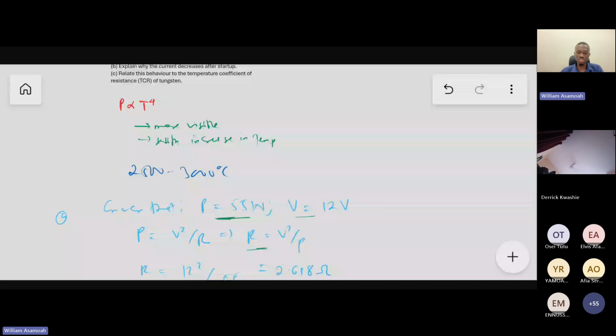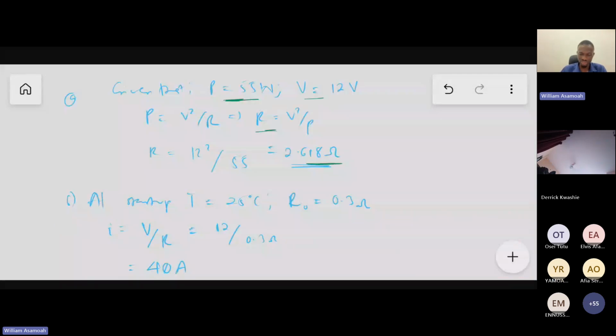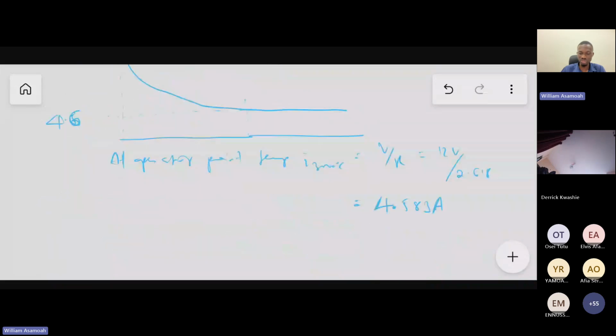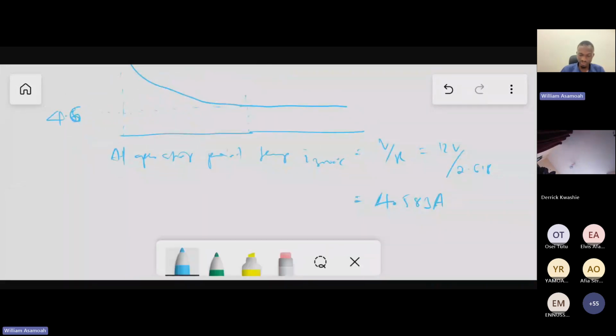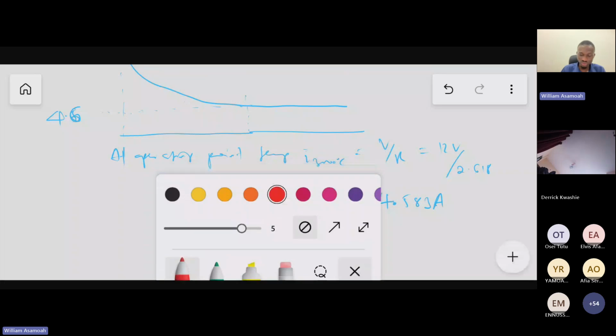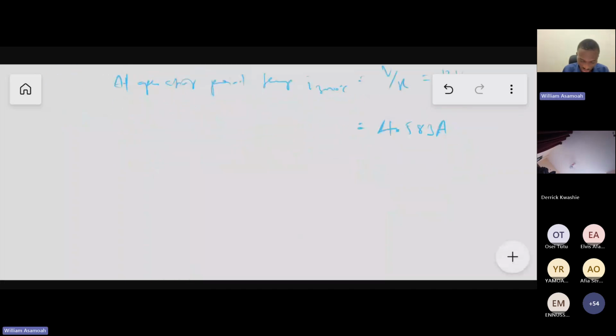Now that condition we've observed, where devices draw very large current at start, then settle down, is called inrush current, or surge current. It happens because of the nature of these materials we are using.